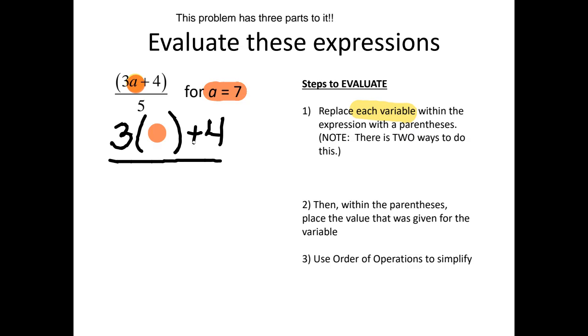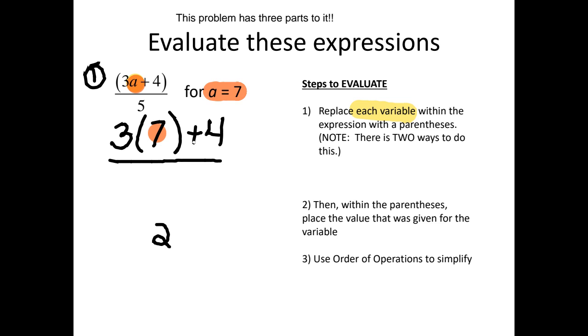This is our first step. We do the numerator first, which means 3 next to a parentheses means multiply. 3 times 7 is 21 plus 4. Okay, this is going to give us the number 25.